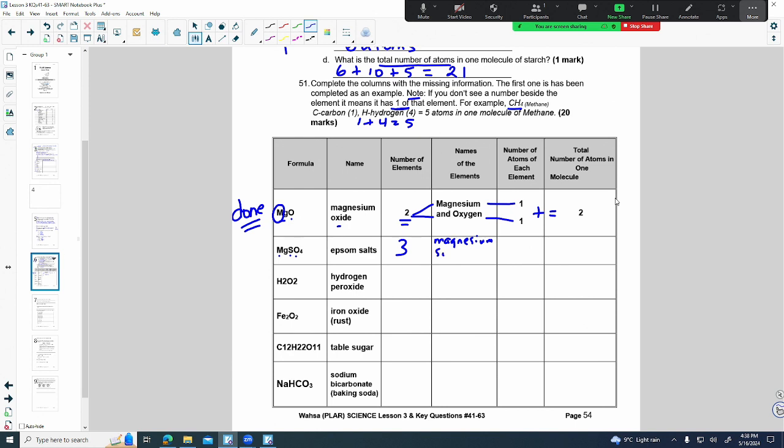S stands for sulfur. Make sure I'm spelling that properly. And O is oxygen.